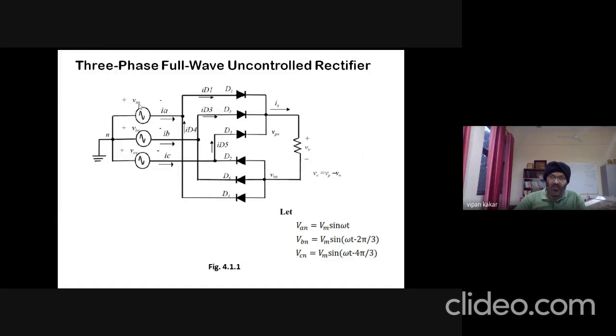AN means the phase voltage with respect to the neutral: phase A with respect to neutral, voltage across phase B with respect to neutral, voltage across phase C with respect to neutral. And then this three-phase supply is connected to this diode bridge.